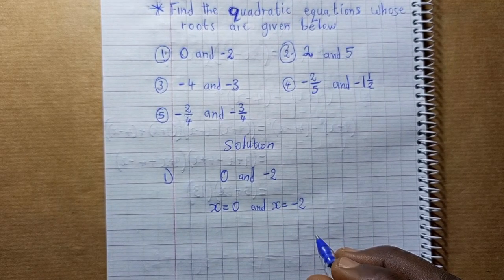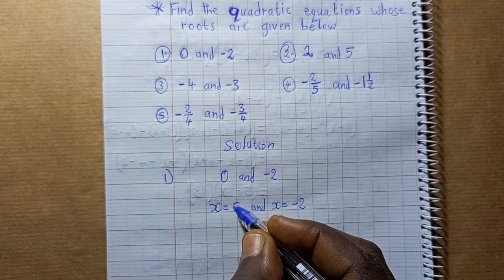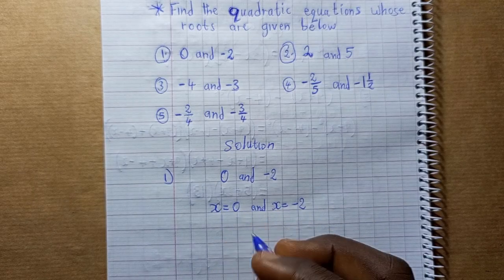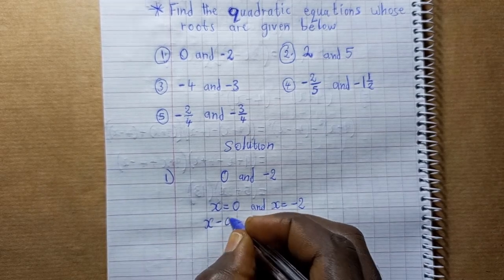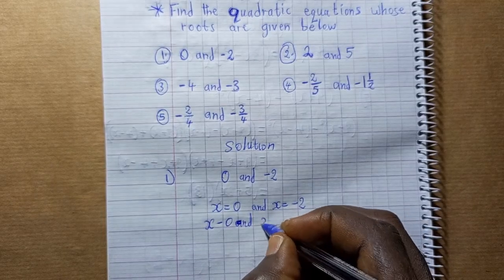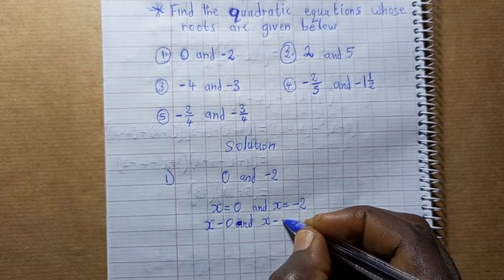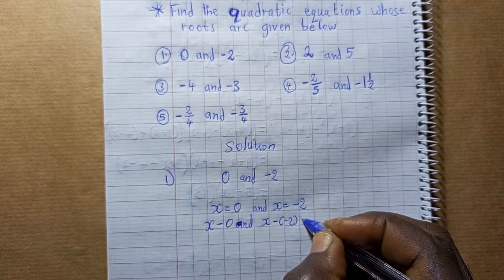Another step is to subtract this root, subtract it from the variable. That is x minus 0 and x minus minus 2.